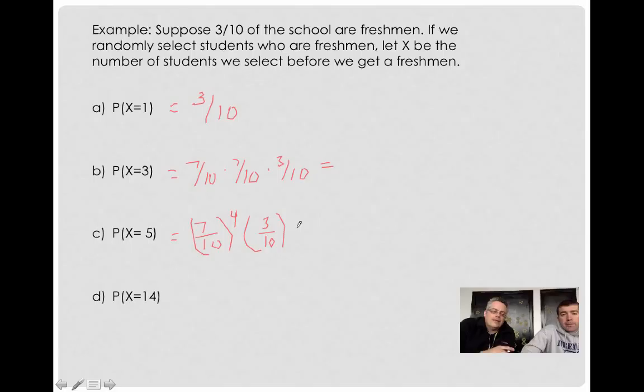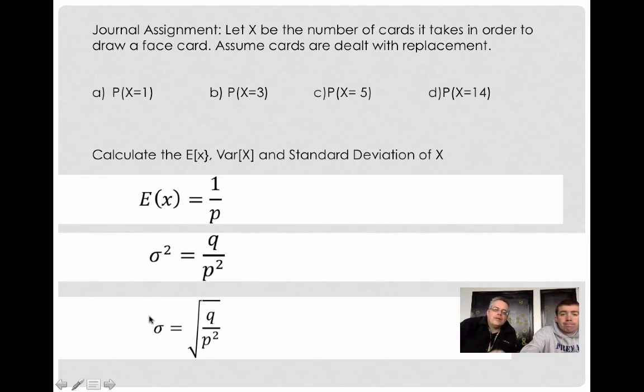We know we can get the decimal if we want. For 14, you've got to fail 13 times, 13 non-freshmen, so there's your 13 failures, and there's the success. We can calculate these probabilities for any value of X you want.